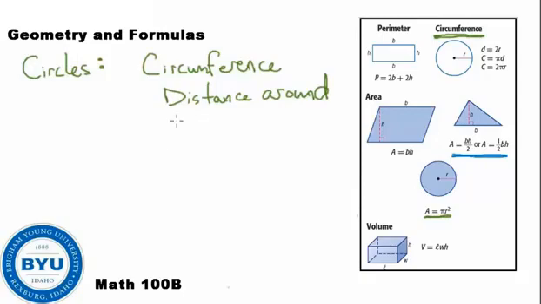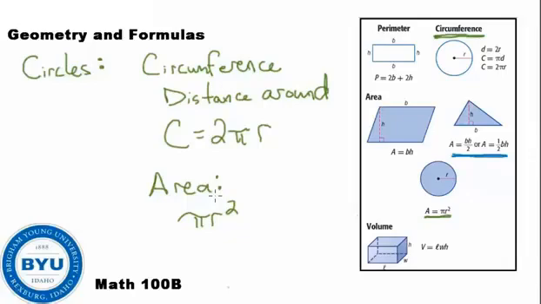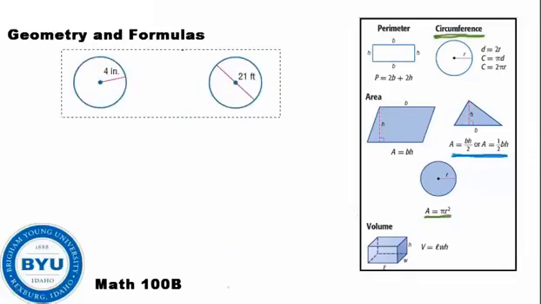So circumference of a circle, the formula is circumference equals 2 pi r, and area of a circle, the formula is pi r squared. Let's bring out some circles and work these out and see what we get here.